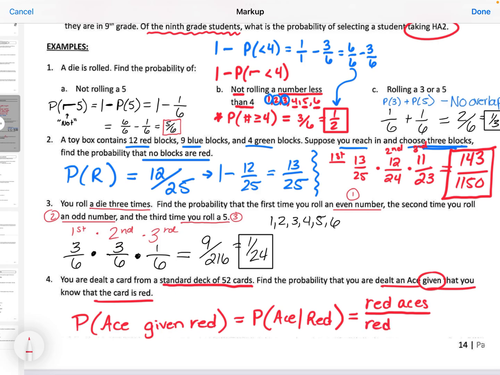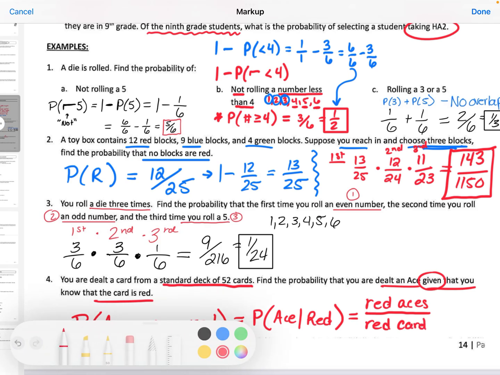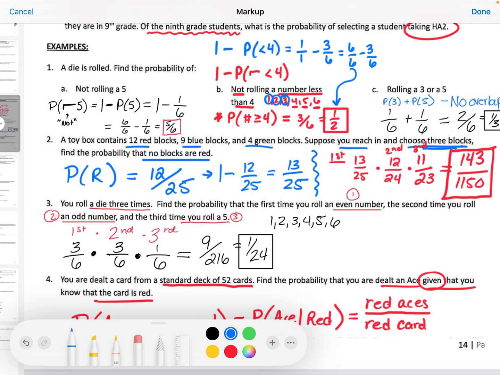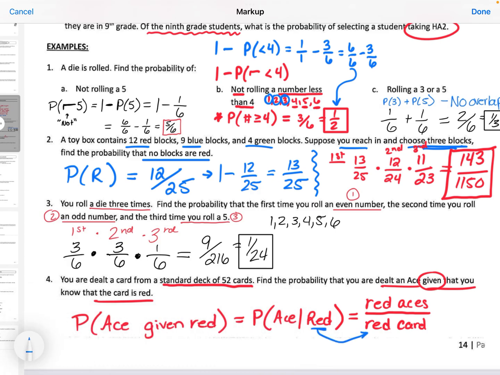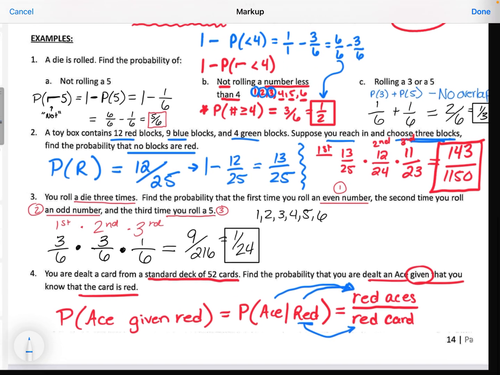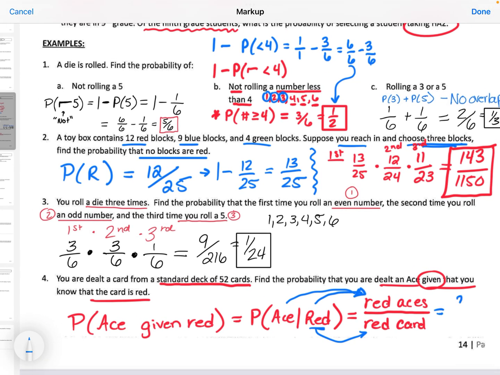And there's my population, red cards. So of the population, red cards, what are we given? We're given the red cards. That's my denominator. How many of those are aces? Okay, so how many red aces are there? There's 2. How many red cards are there? That's half the deck, so that's 26. So our final answer is 1/13.